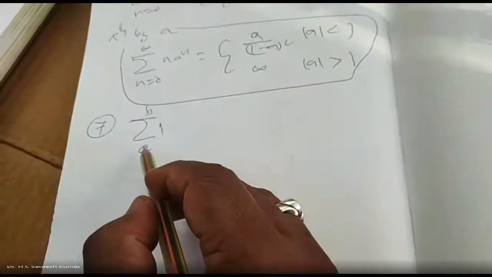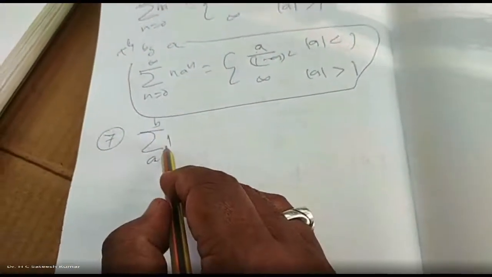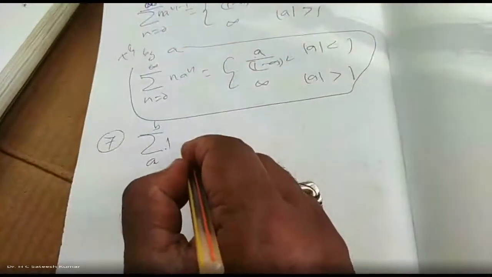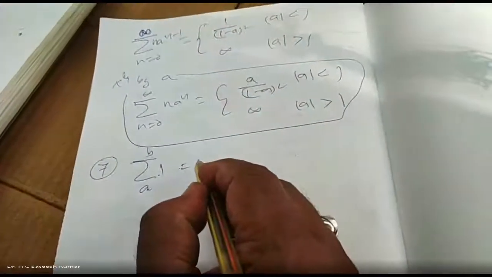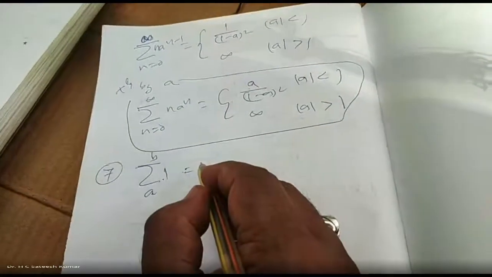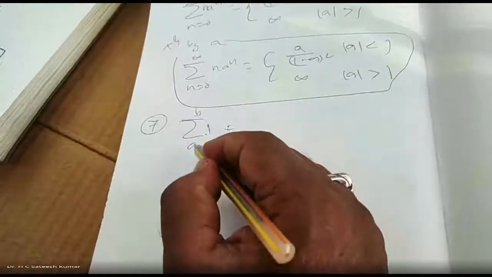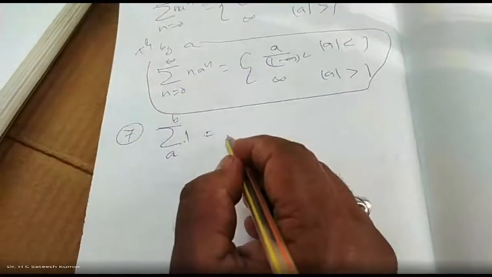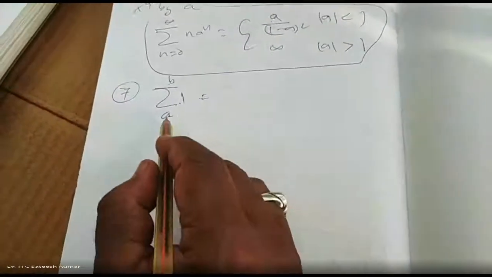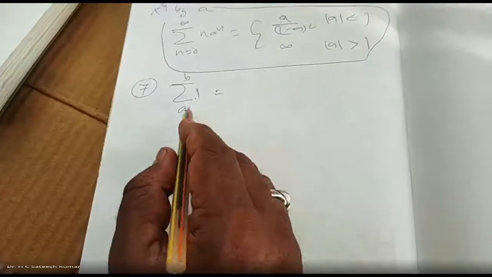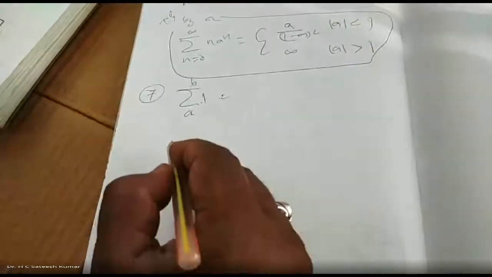Summation a to b of 1 is equal to what? We can find this out. So let us do it first and then we write the result.